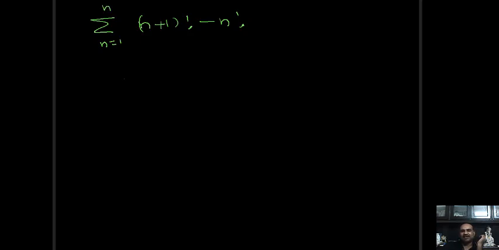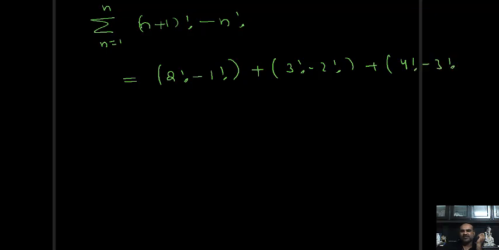So, this I will write directly: that is equal to 2 factorial minus 1 factorial, plus 3 factorial minus 2 factorial, plus 4 factorial minus 3 factorial, plus so on. Put n minus 1: n factorial minus (n minus 1) factorial. After that put n, so plus (n plus 1) factorial minus n factorial.